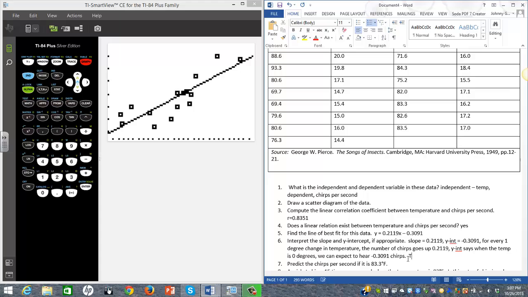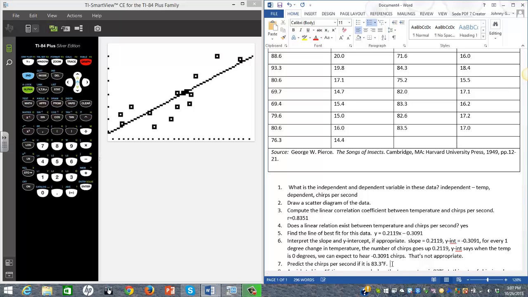Now, is that appropriate? That's not appropriate because we would not be able to hear a negative number of chirps. That's going to always be a positive value. So here that y-intercept has to be there for creating the line, but it's not always necessary in the interpretation of the problem.